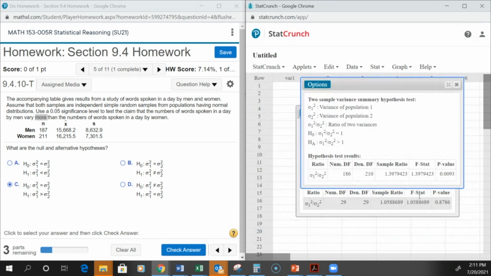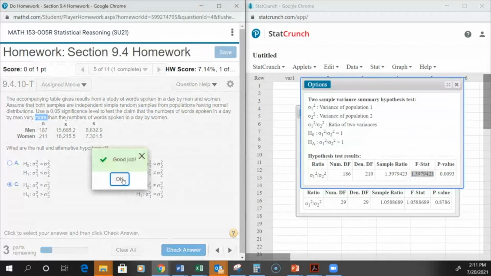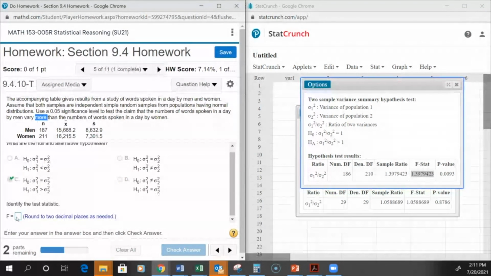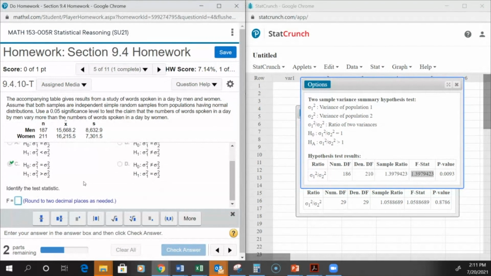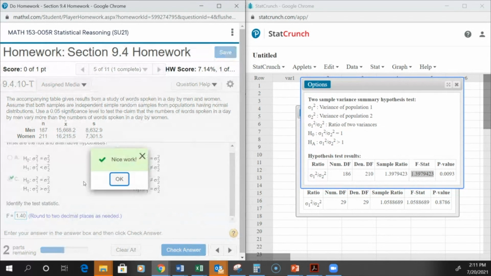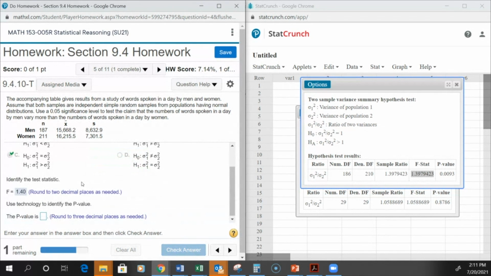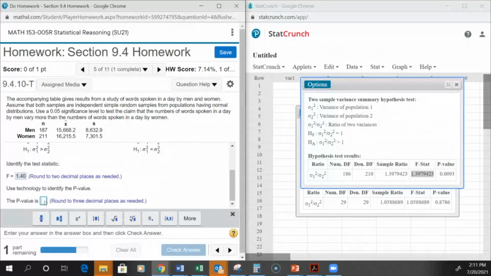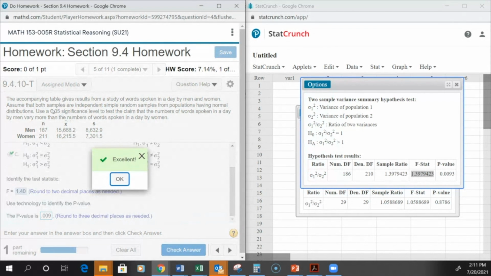Anyway, once that's all done, it's a matter of rounding. If you're good at rounding, this class is really easy. I'm going to say 1.40. And the p-value is really, really small. 0.009. I bet that's smaller than alpha.